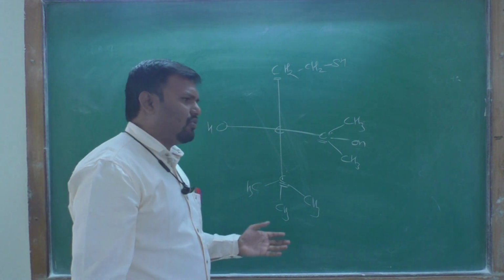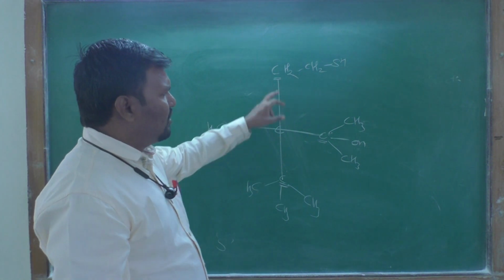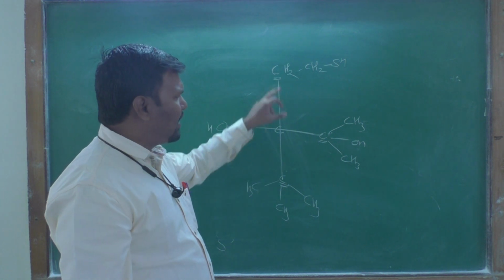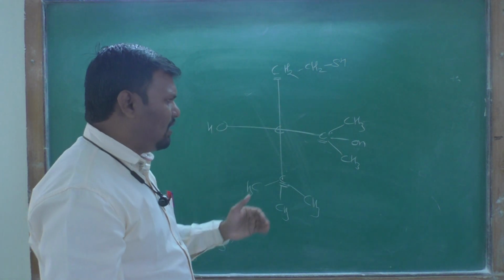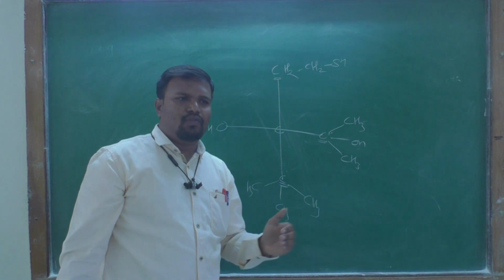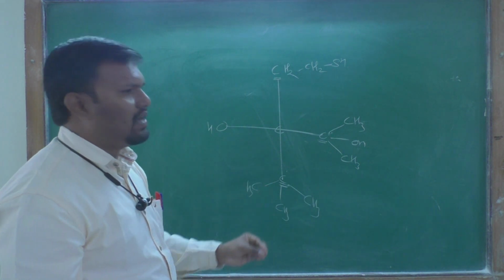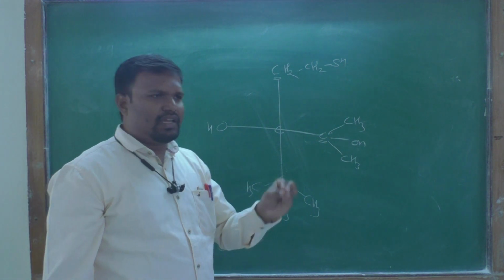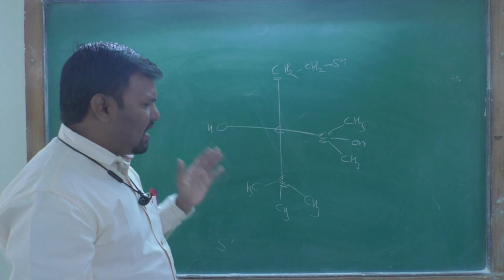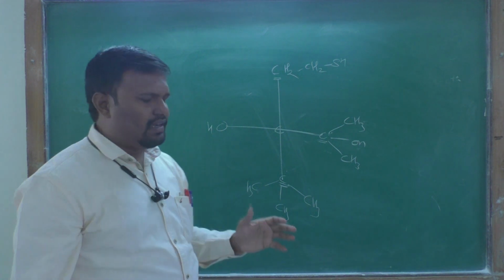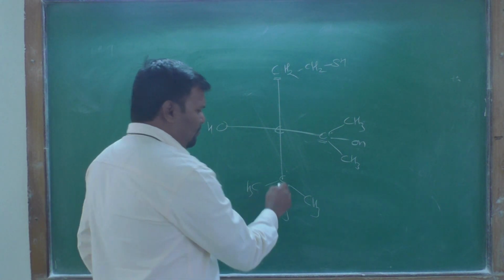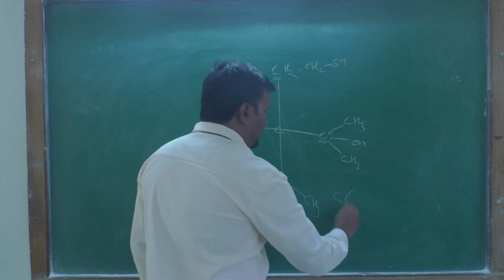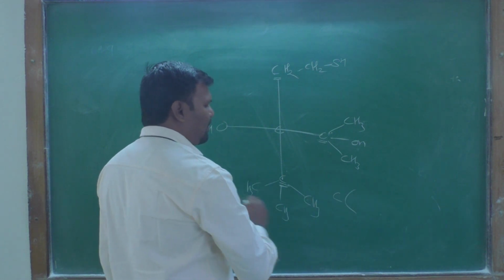If the chiral carbon has the same attachment, then we look at the next atom attached to it, and by observing this we can predict whether it has the R configuration or the S configuration.